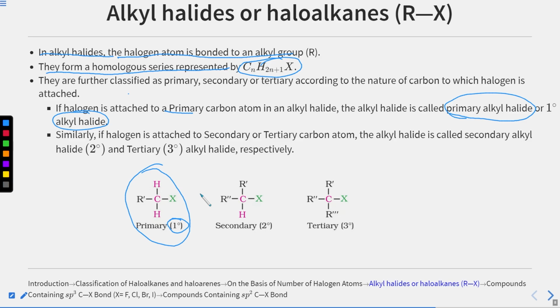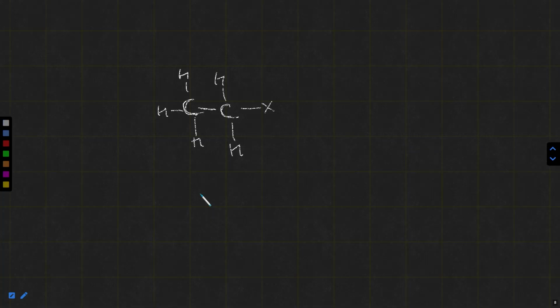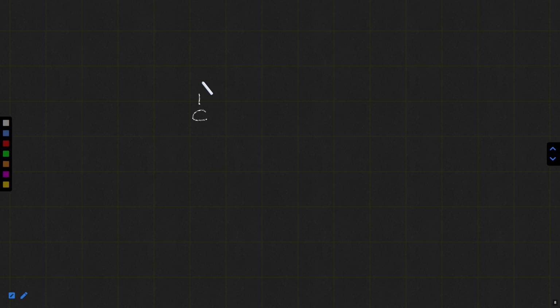Again, we can have secondary. How can we have secondary? So you must have heard this term, isopropyl. If we attach it here, then we will call it isopropyl haloalkane. So this is an example of 2 degree.